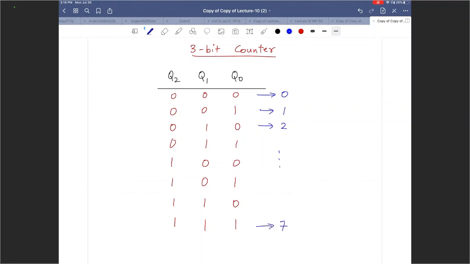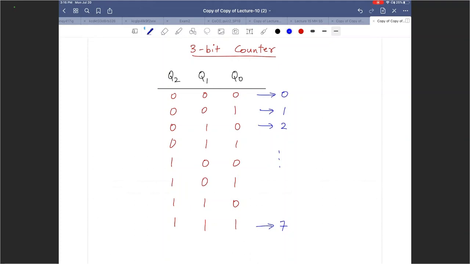This is probably the most basic counter. Why? Because it has all the 8 states in it. There is no skipping of states. It doesn't go from 0, 4, 5, 7 back to 0. It goes over each and every value, counting in a pattern, always incrementing by 1. So it's a 3-bit up counter.